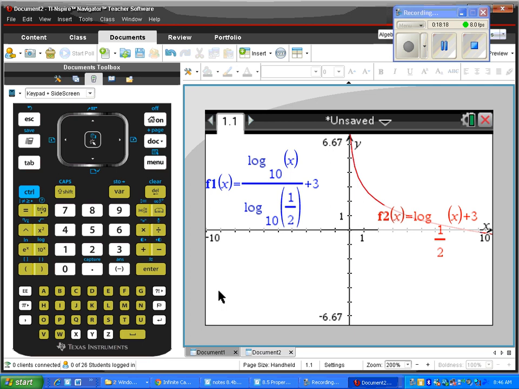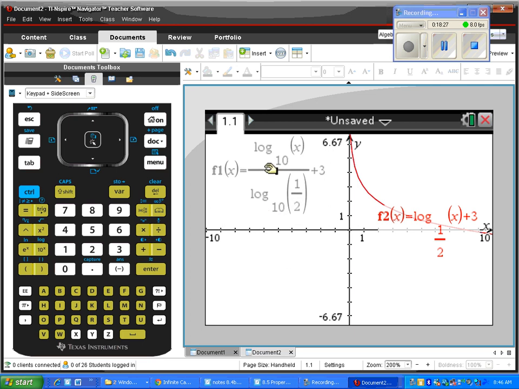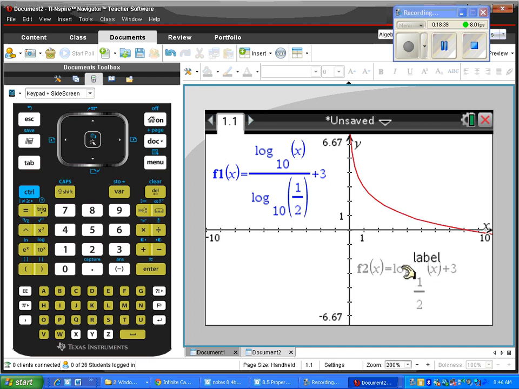Can I do this in my calculator if I'm in press to test mode? No. Yes. Not what I did in red, but what I did over here. What color is this? Blue or purple? Blue. This over here in blue, I can do that. Questions? Okay. How do I graph this once it's in my calculator?